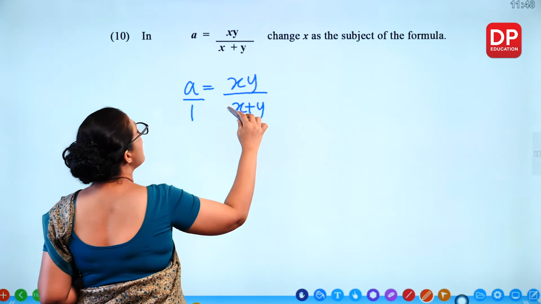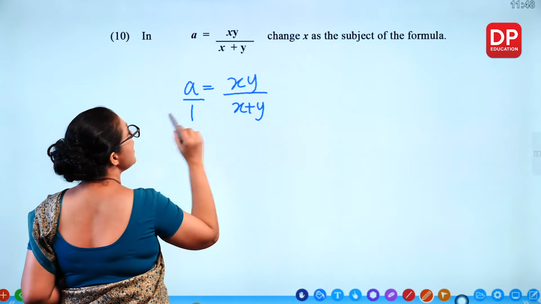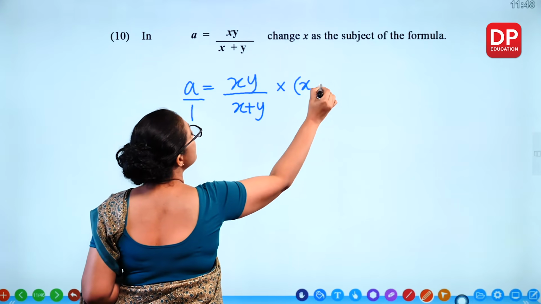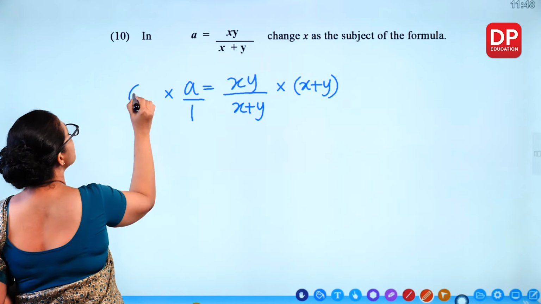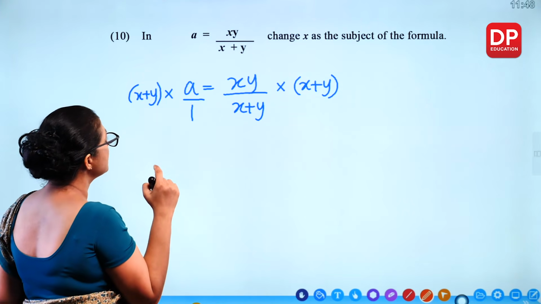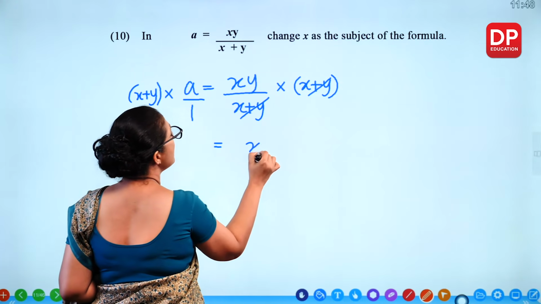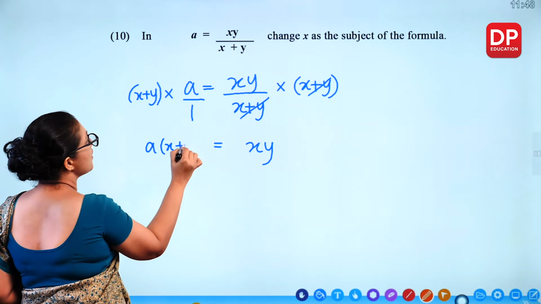So you need to multiply both the numerator and the denominator by X plus Y. So what happens? This one gets cancelled out. You get XY equals A(X plus Y).